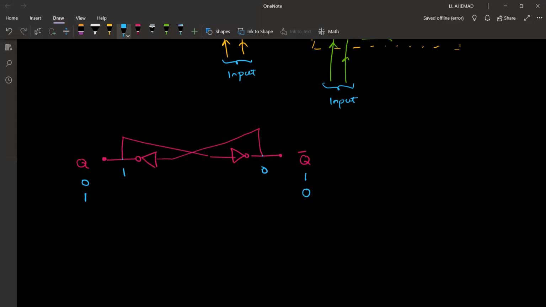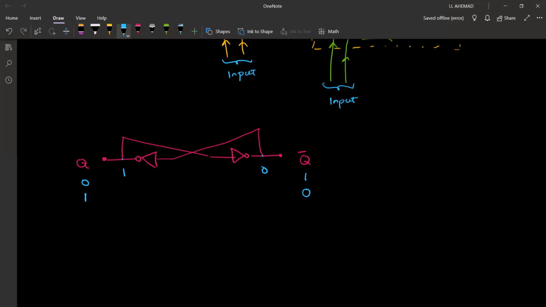To make it 1 I must give a high potential, so I give plus 5 volts. When I gave plus 5 volts, this one became 1 and this one became 0. If I remove this voltage, it will still remain as 1 and 0.